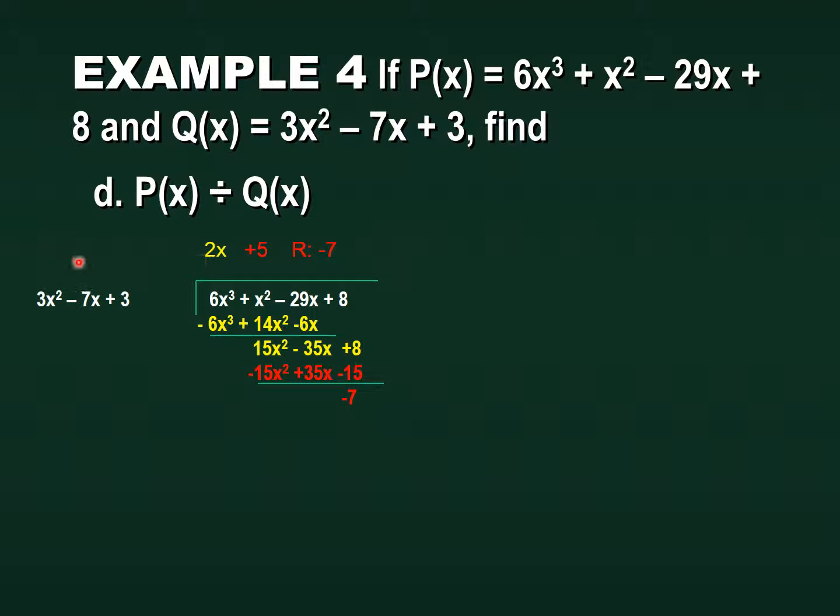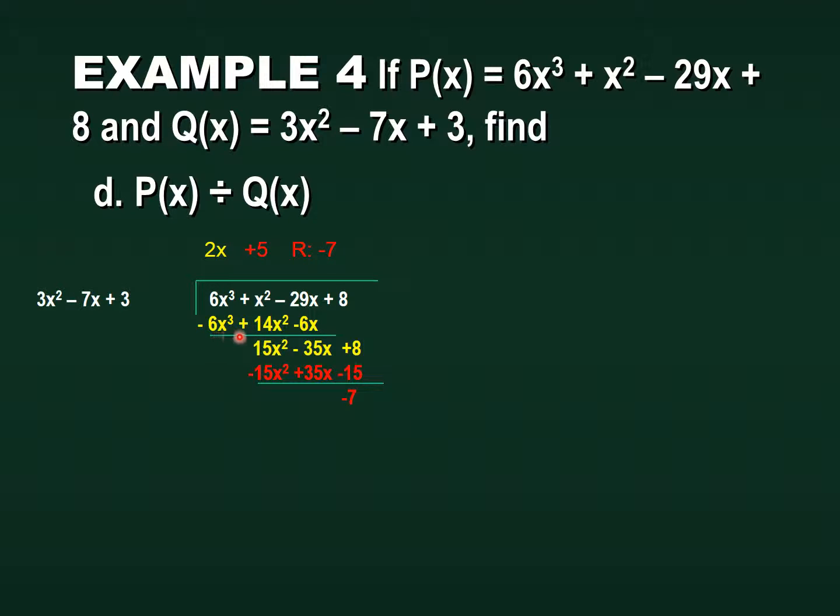So 2x times 3x squared is 6x cubed, but I'm going to subtract it. 2x times -7x is -14x squared, but I'm going to subtract it. So -14x squared subtracted is plus 14x squared. And then I have 2x times 3 is 6x, but I'm going to subtract it, and that gives me -6x.